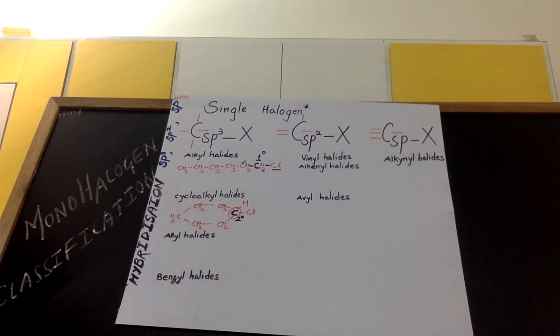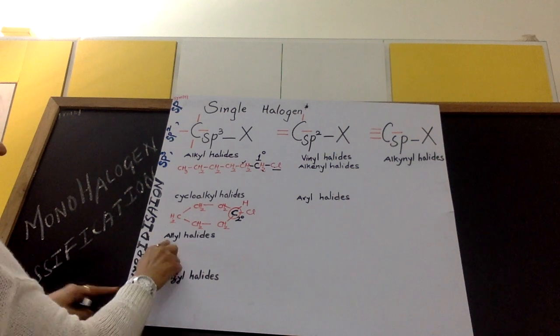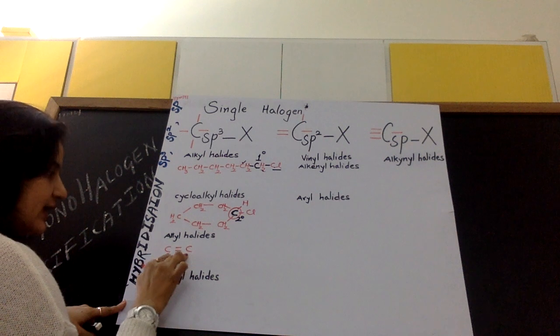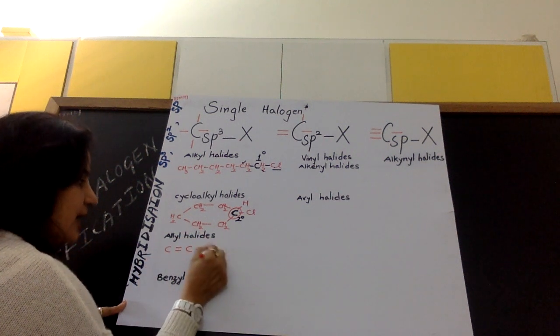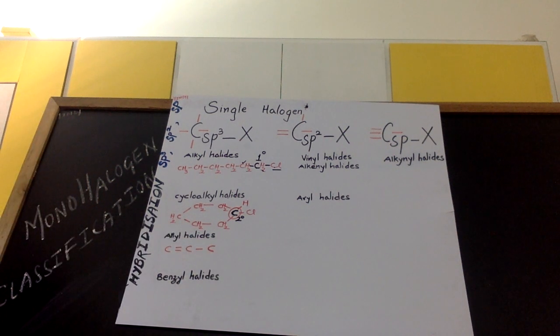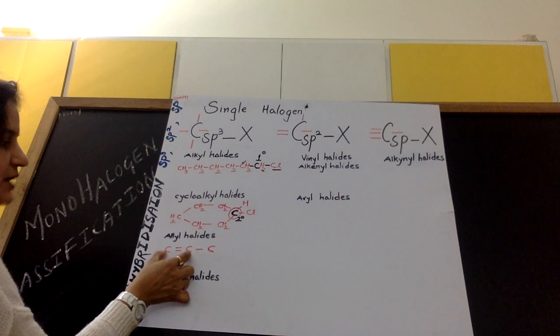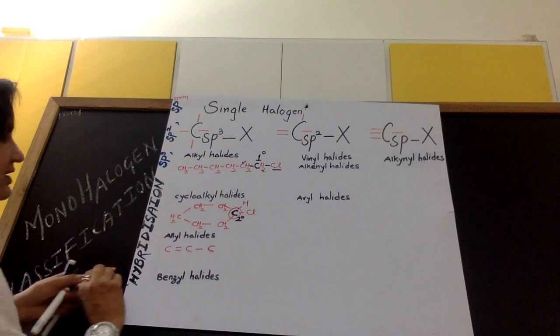Now we write allyl halide. You know what is allyl carbon? The carbon next to the double bond. What is allyl carbon? The carbon next to the double bond. So carbon adjacent to double bond is an allyl carbon.